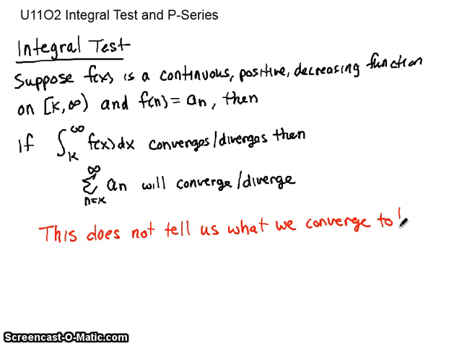And you'll actually see that all of our tests in Unit 11 Objective 2 are not going to tell us what we converge to. They're just going to tell us if we converge. So the only test that's really going to tell us what we're going to converge to is that infinite geometric series. So let's take a look at an example, and then we'll talk about P-series.